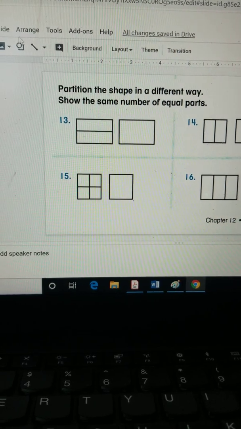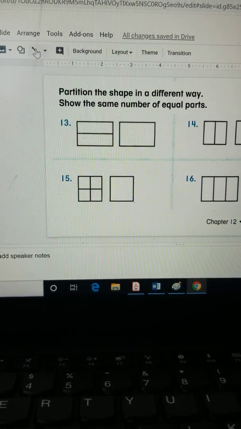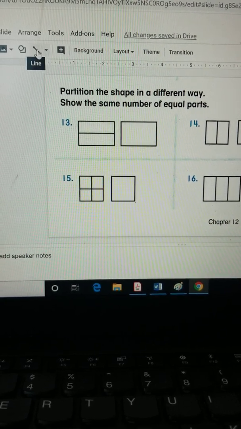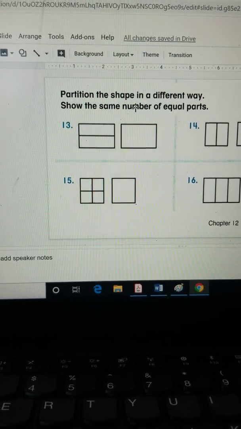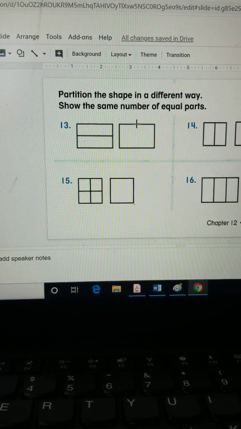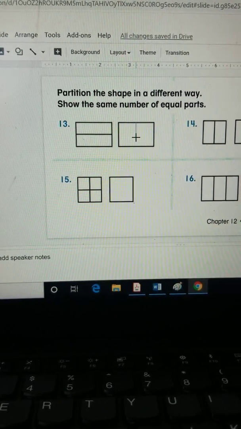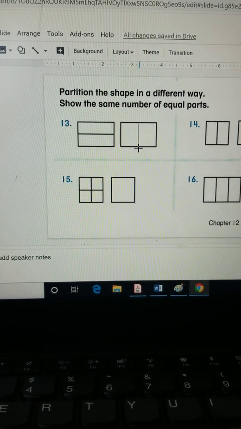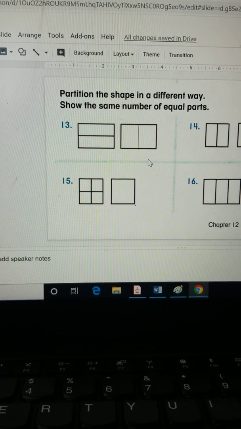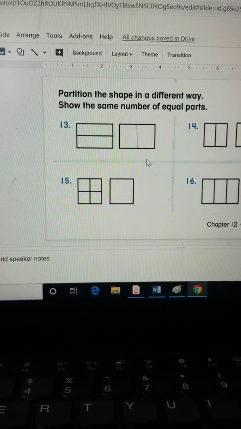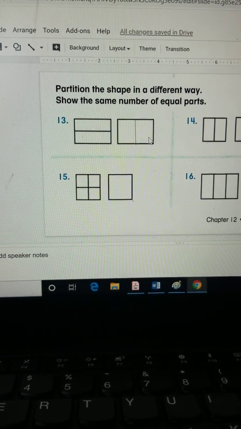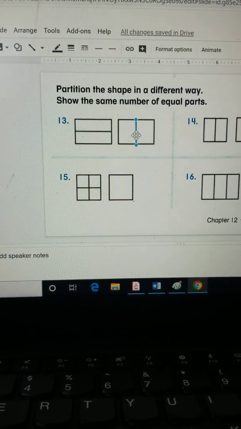So I'm going to do the same thing in a different way. I'm going to get my little line tool from up here. They went across to make halves, so I'm going to go down to make my halves. And see, I partitioned the shape in a different way, but it's still the same number of equal parts. There are 2 equal parts over here, and now there are 2 equal parts over here.